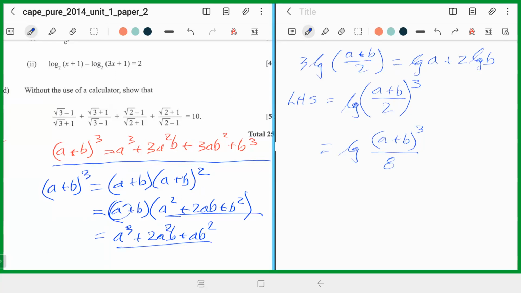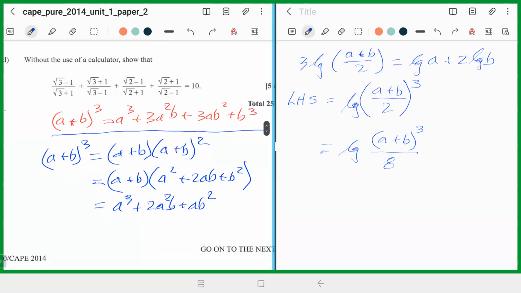Then I'm going to use the b now on each of these. So I'm going to get plus the b times a squared, which gives another a squared b.